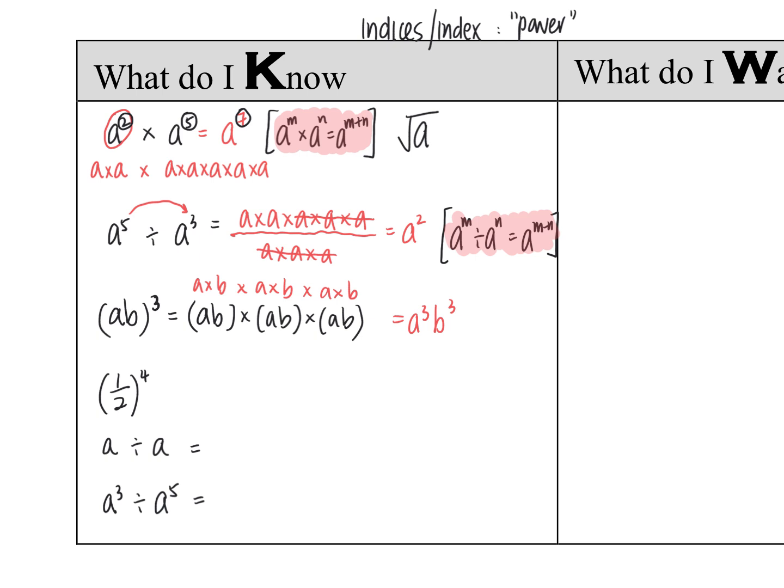I never write the times in between because it is understood that this means a cubed times b cubed. So mathematically you don't have to write the multiply there. Okay, so this is the other rule that we have: if you raise this to power n, both of them should get the same power n. So that's rule number 3.